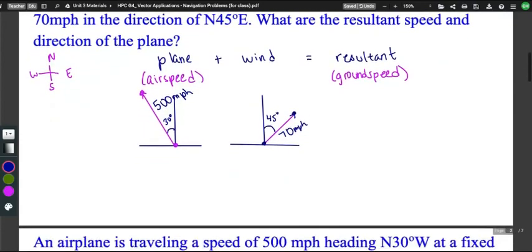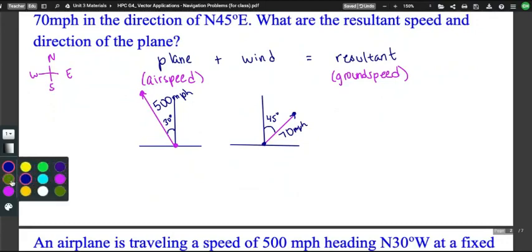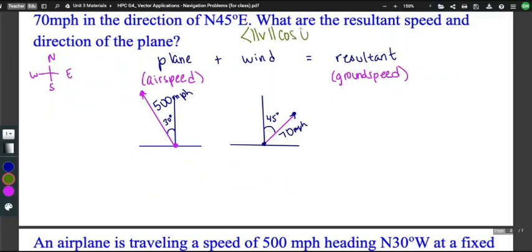Now, I'm not personally going to draw the resultant vector because I don't know what it looks like. But here's why I think the picture is important. When we talked about our formula that we can use for efficiency around calculating components, I indicated that formula said, let's take the magnitude of our vector times the cosine of our angle, and then the magnitude of our vector times the sine of our angle.